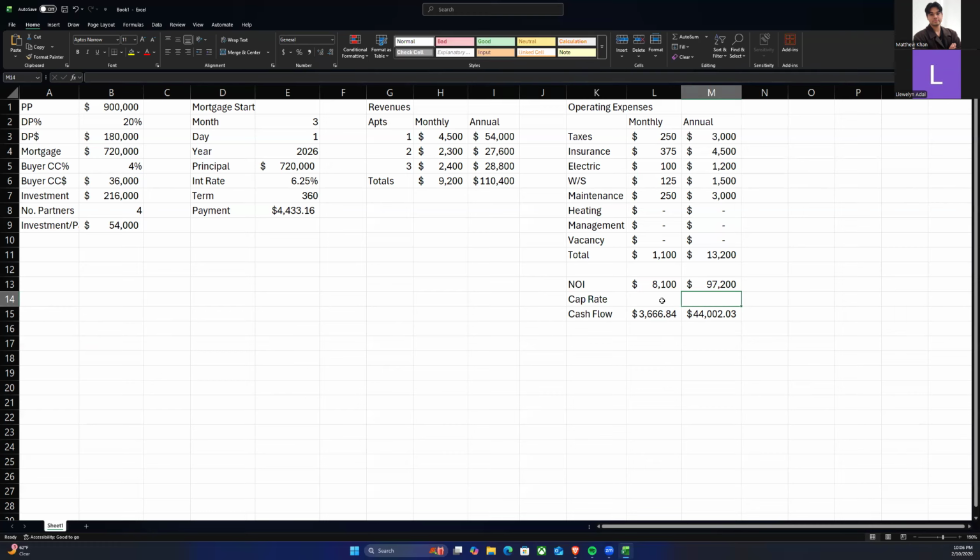We need the annual NOI divided by the amount that's purchased, and then we want that as a percentage. So that's a cap rate, and it's saying that this is a 10% annualized cap rate, which means that it will give you 10% back in cash flow if you don't have a mortgage.